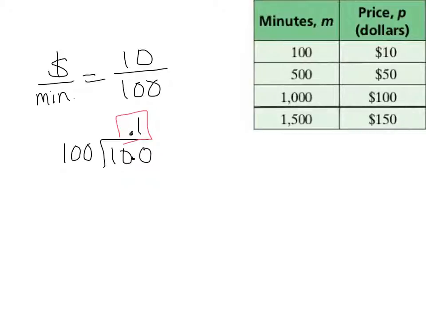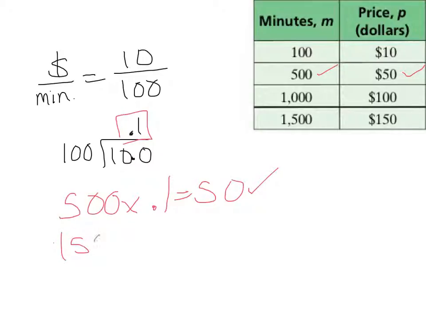So we can go back and check this to be sure that our unit rate makes sense. If our unit rate is 0.1, that would be like having 500 times 0.1 equals 50. So for $50, they got 500 minutes, so that works. How about if we do the big one?